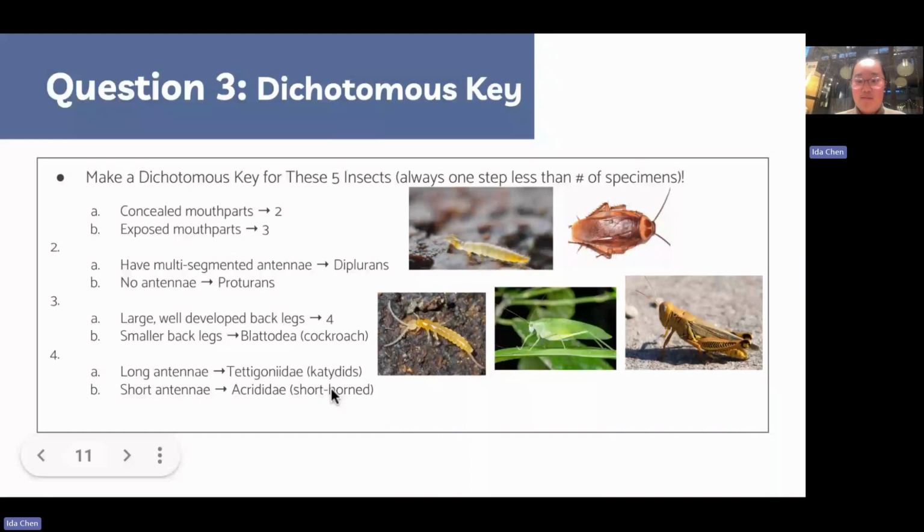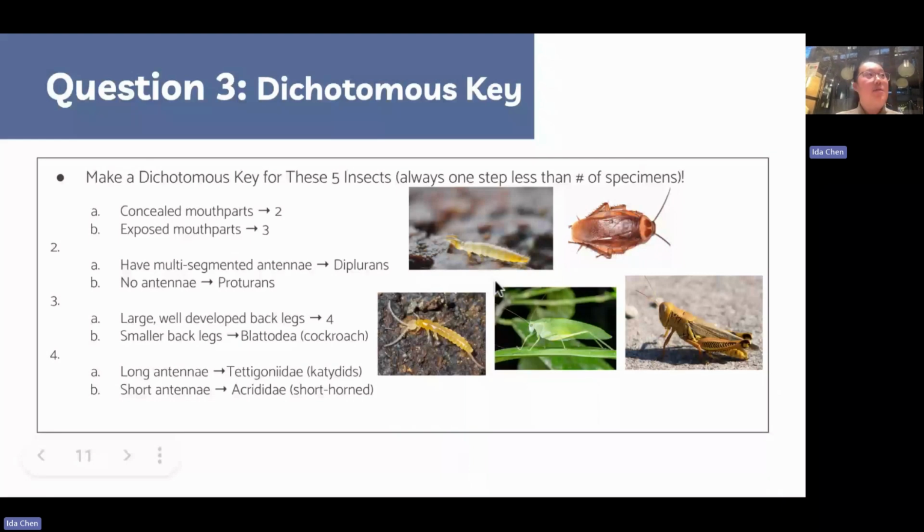Smaller back legs, that's your cockroach, and you've identified that one. Lastly, in number 4, you just need to distinguish between your katydid and your short-horned grasshopper. The main difference is that the katydid has a very long antenna, and most short-horned grasshoppers have short antennae.